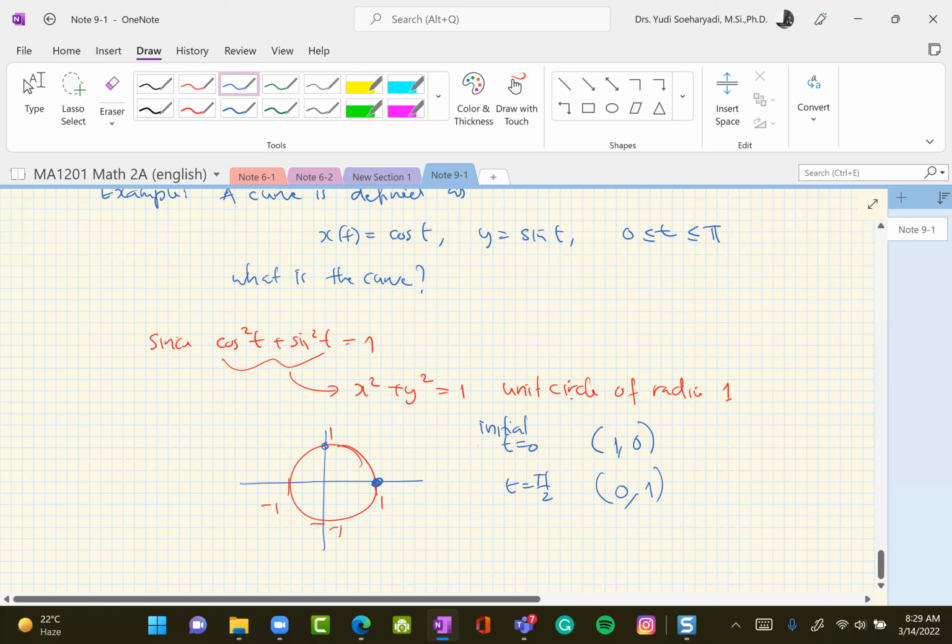So it seems like you're going this way. The endpoint is t equals pi. Cosine of pi is -1, y is 0, so you end up here. So this is not really a circle, but just a half circle, a semicircle.